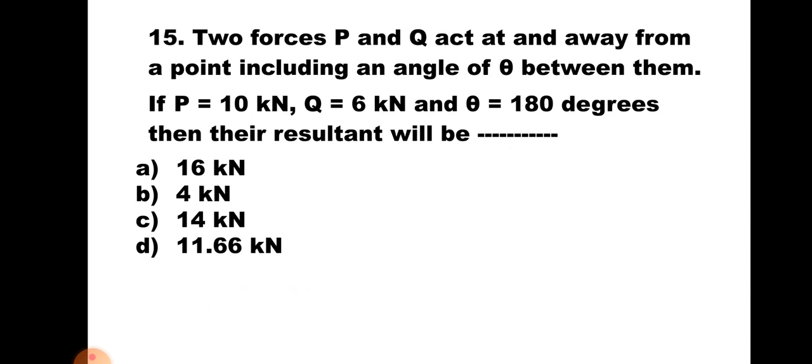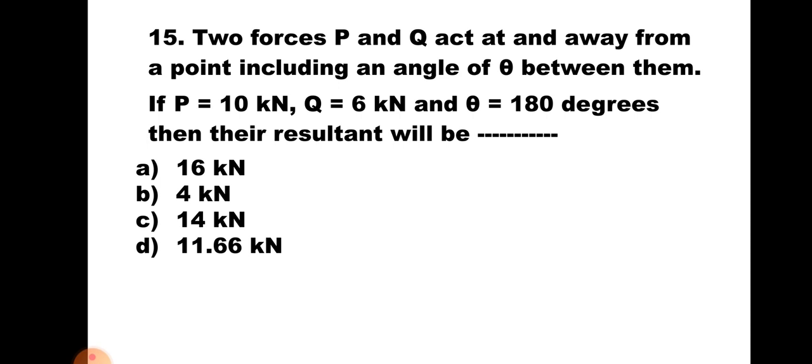Question number 15. Two forces P and Q act at and away from a point including an angle of theta between them. If P is 10, Q is 6 and theta is 180 degrees, then their resultant will be A, 16 kilonewton, B, 4 kilonewton, C, 14 kilonewton and D, 11.66 kilonewton. Now in this example you will see that the angle between them is 180 degrees, means they are collinear and they are acting opposite.